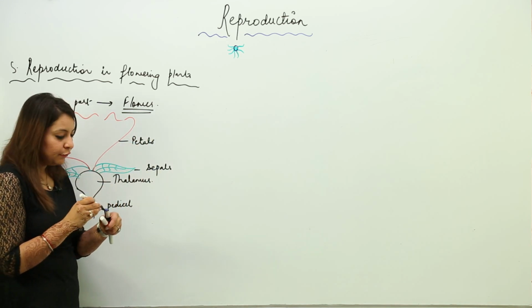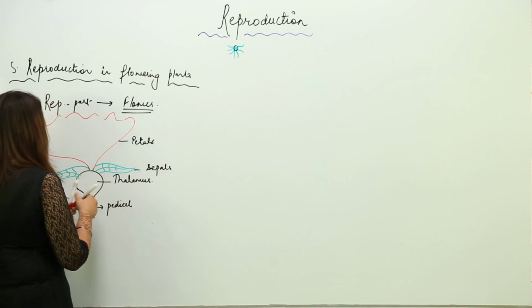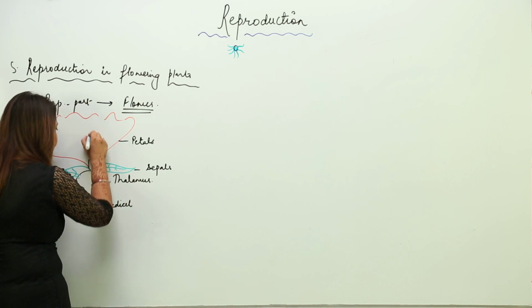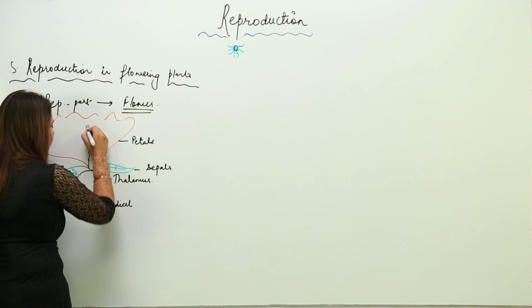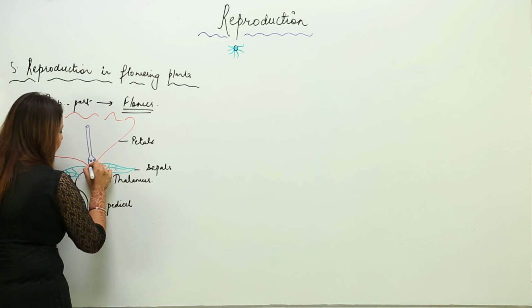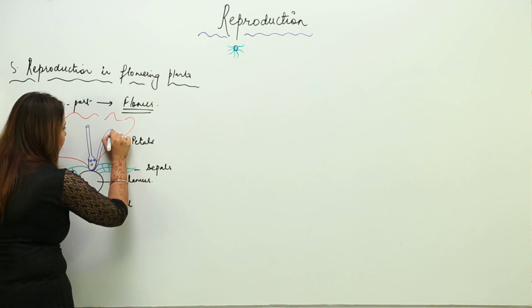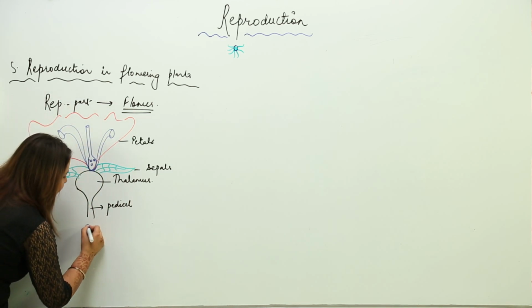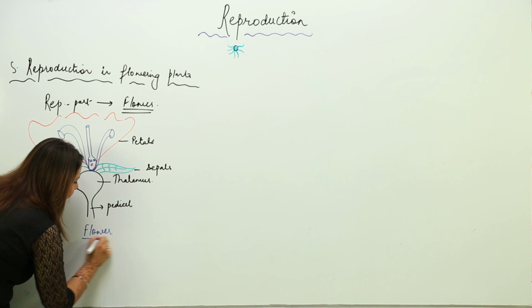It actually encloses a female and a male reproductive part. How does it look? A female reproductive part is like this, and male reproductive parts are like this. So this is the basic structure of the flower.